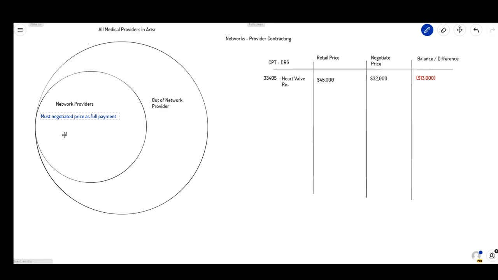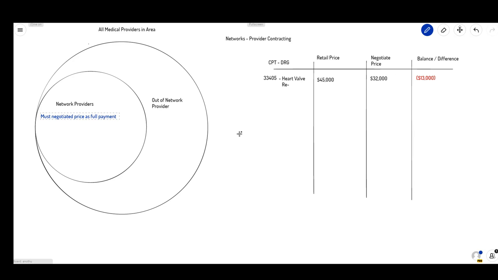So when the insurance company says that we negotiated $32,000, that doesn't necessarily mean this is how much the insurance company will pay in total dollars. It means this is how much we will construct our plan benefit around. So when the member gets their benefits, and we'll cover that in the next video, that benefit is going to be paid on the $32,000. So this is where deductibles will apply. But the key thing is that $32,000 is a protection for the insurance company and for the member.